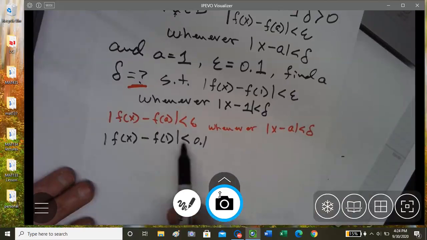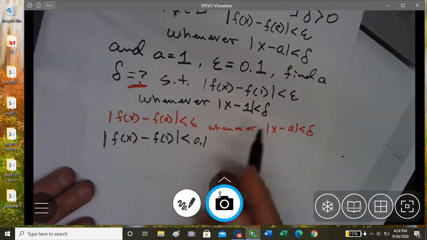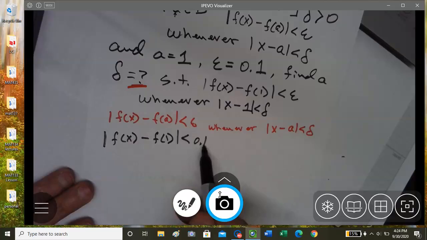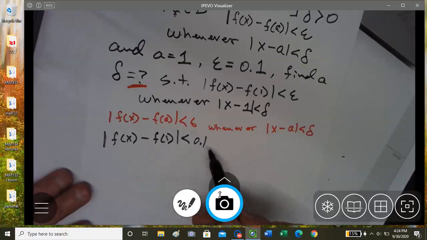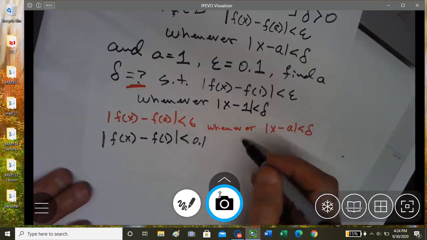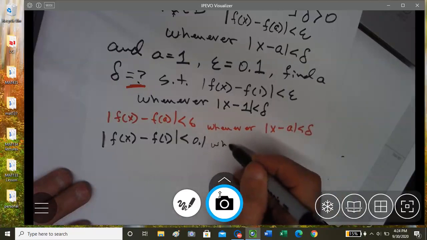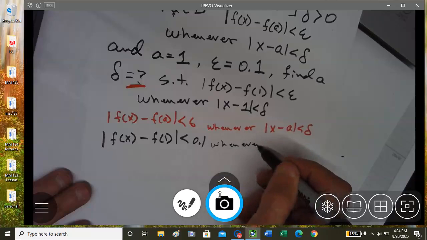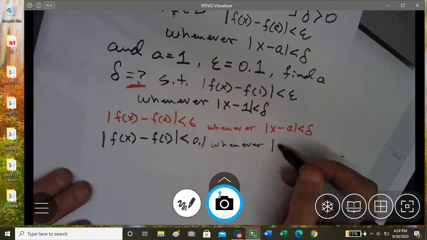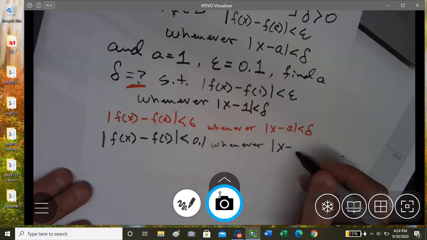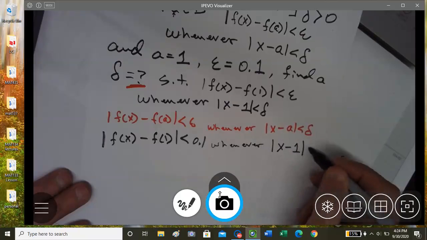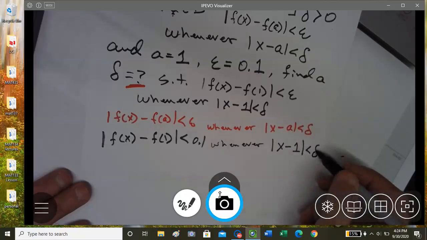Because this is absolute value, we're going to find epsilon at 0.1 and then epsilon at negative 0.1, and then we're going to take the minimum of both of those. And this is going to be whenever x minus, we know that a is 1, and we're trying to find delta.